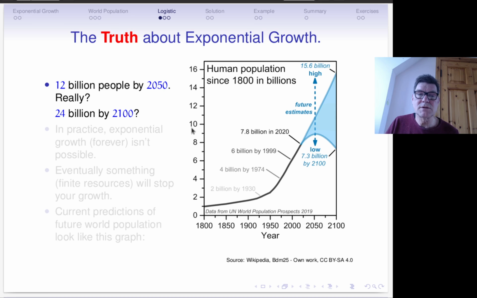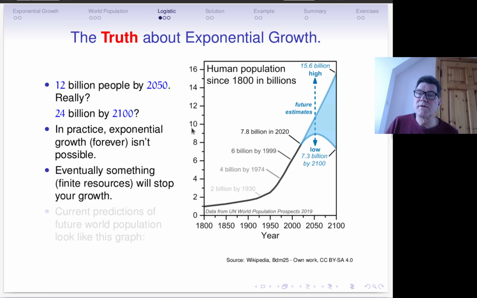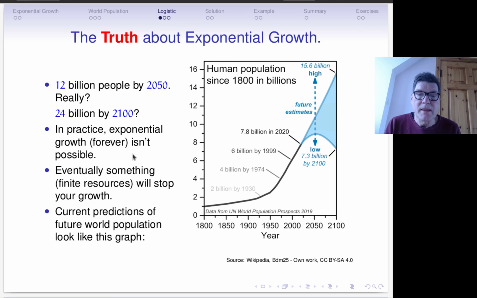And if you think about it, in practice, exponential growth that goes on doubling all the time forever isn't possible. There's eventually some limited resource that will stop you from growing. And that's the basis for some of the predictions as they're illustrated in this graph here. The exponential growth that goes on forever doesn't exist.